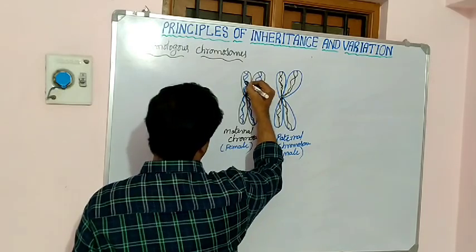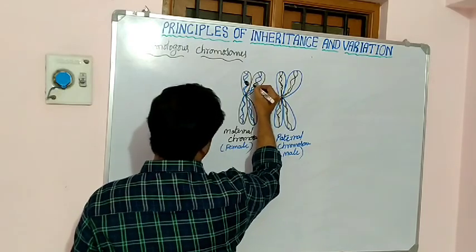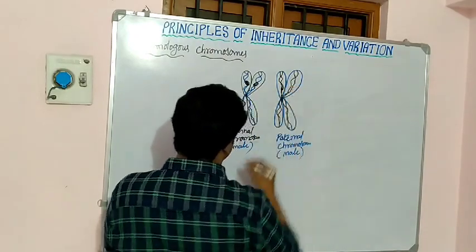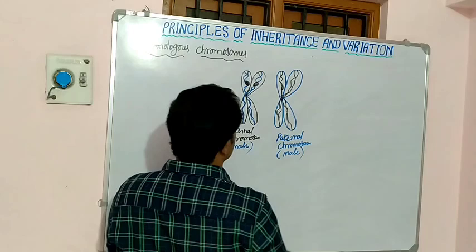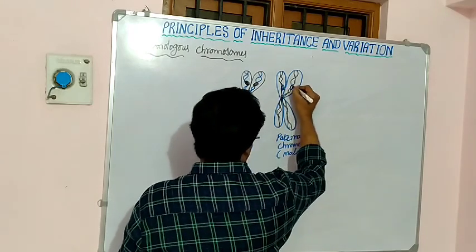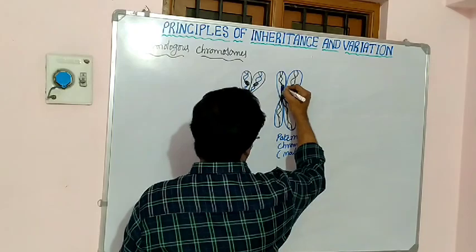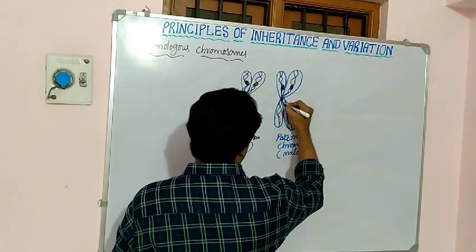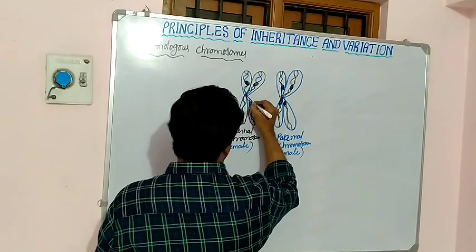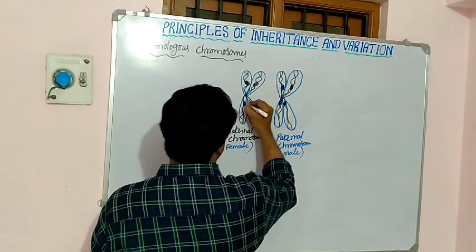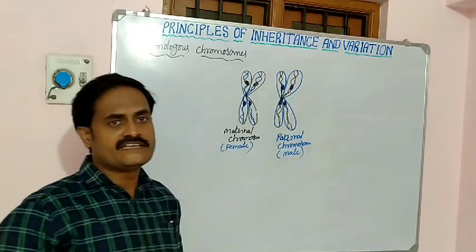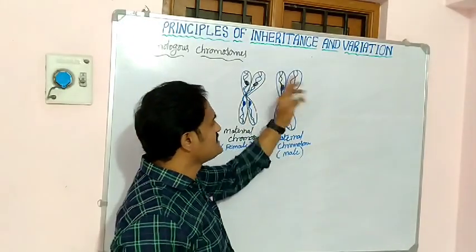So for suppose this is one gene, and here this is also one gene. What is the meaning of gene? A part of DNA. Here also one part. This part of DNA we call a gene.